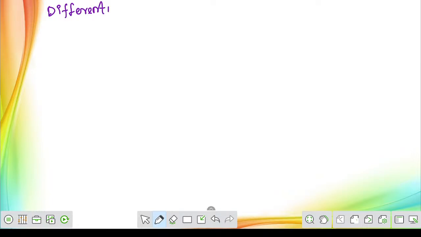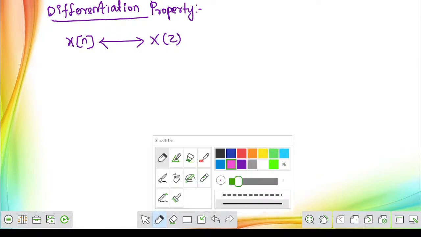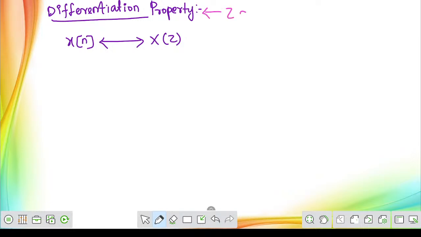While discussing it, what you must remember is, for example, if I have a signal x of n, then its corresponding Z transform will be defined as x of z. Then what is the meaning of this differentiation? Differentiation will be possible in the Z domain, that is, the frequency domain.